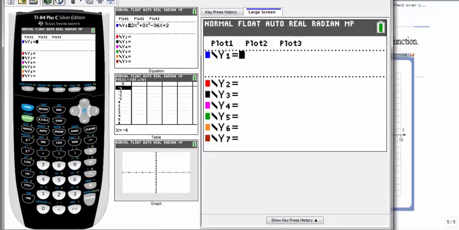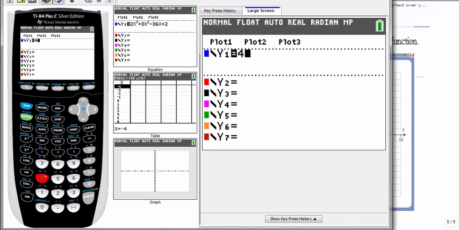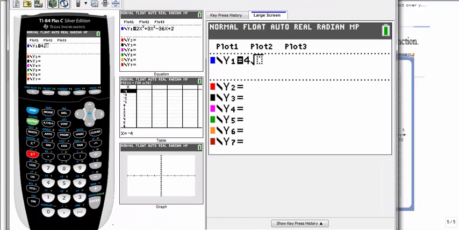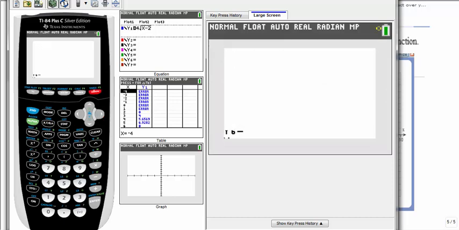So now I would do 4 square root after you hit y equal. And then within the square root, we would have x, and it was minus 2. Now, if you have a calculator that puts parentheses up, make sure you close your parenthesis and click graph.